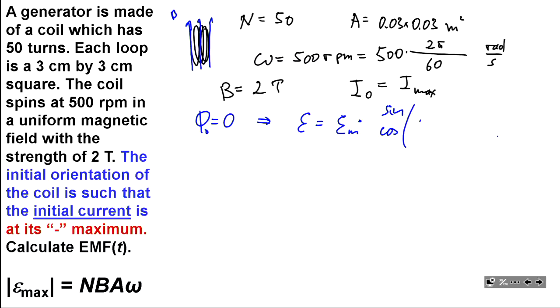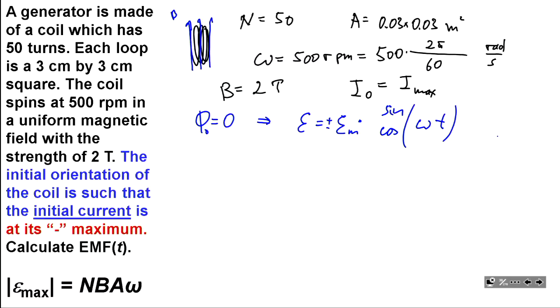Well, angular velocity times time. It also could have been plus or minus something, but in this situation there is no information about that. We would have to know what is happening, not just at t equals 0, but in a fraction of a second, to figure out if it goes in the region of positive flux or negative flux. So it doesn't matter.